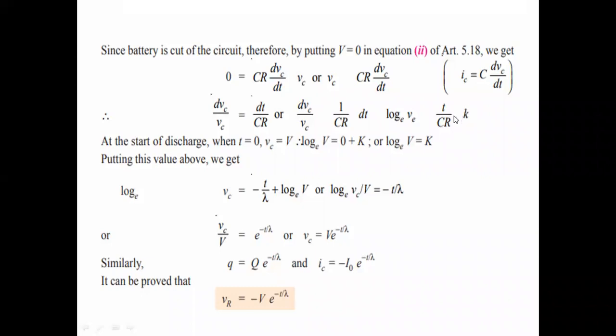To find it, we apply t equal to 0; what is the value of Vc?